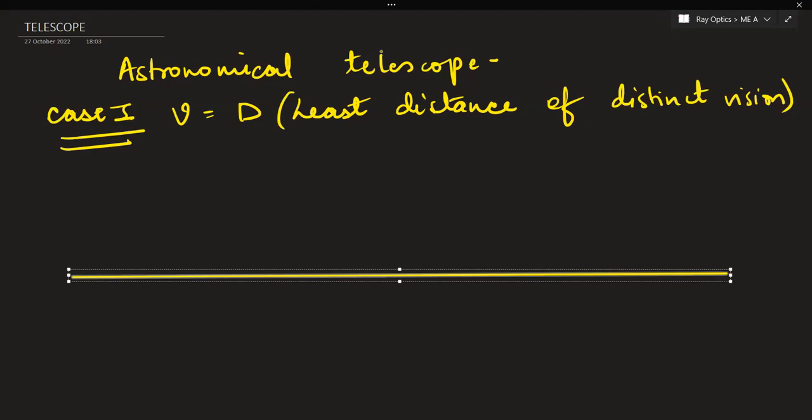In the case of the compound microscope, we had what? We had the objective lens smaller, whereas we had the eyepiece greater.